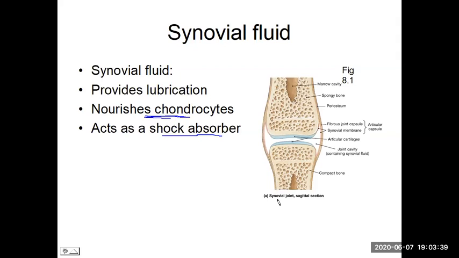And since we now pointed out that synovial joints all have that diarthrosis flexibility, for all of these moving parts, we have now this lubrication, this fluid for these moving, very flexible components.